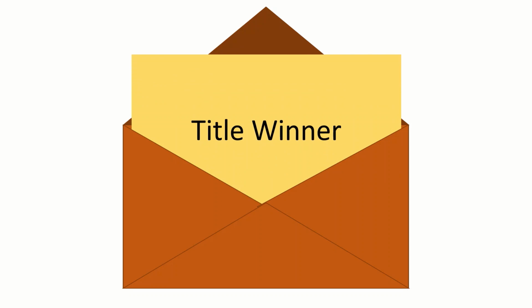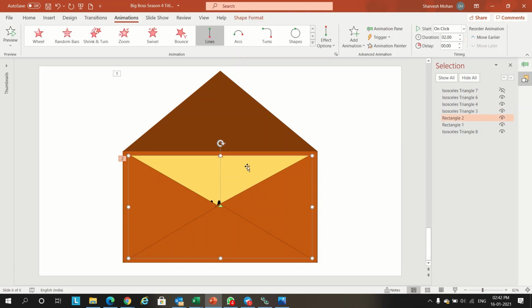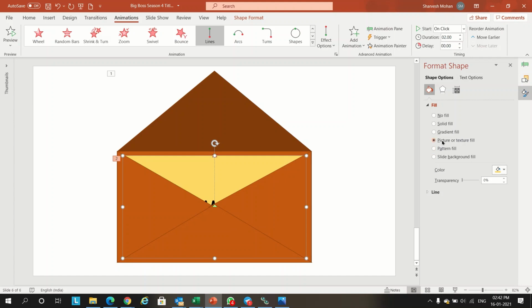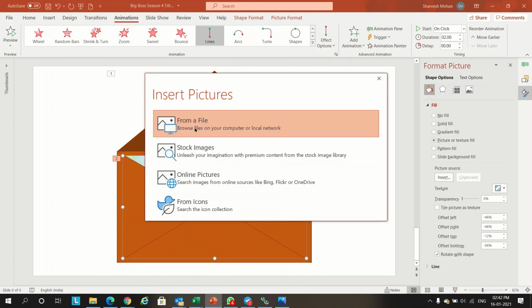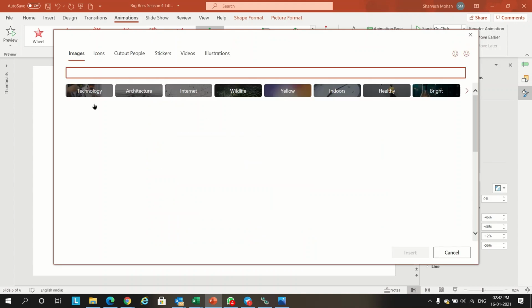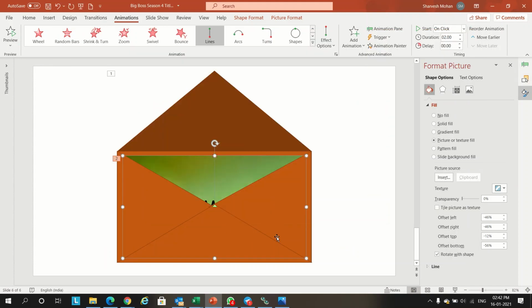Okay, now we can add some background for this title winner. Again, we'll go to isosceles triangle, click on this card, right click, format shape. You can give picture or texture fill, go to insert. I have Office 365, there are options available. You can select any of these backgrounds and we'll click insert.